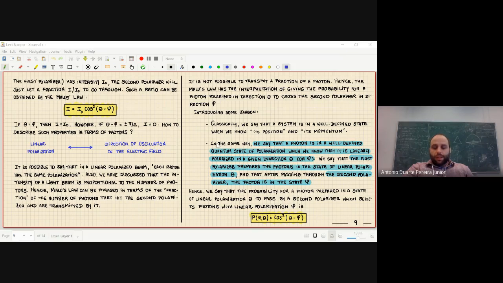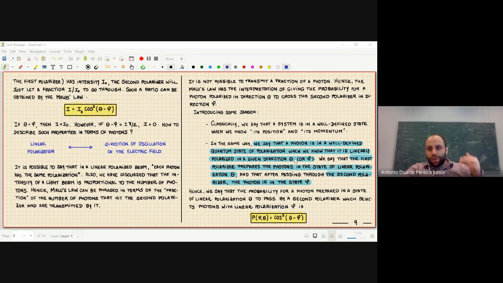So in the same way, we want to use this name in quantum mechanics, and we are going to say that a photon is in a well-defined quantum state of polarization when we know that it is linearly polarized in a given direction, theta or phi.